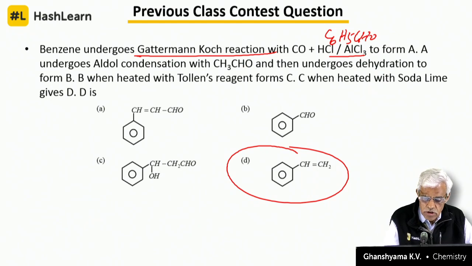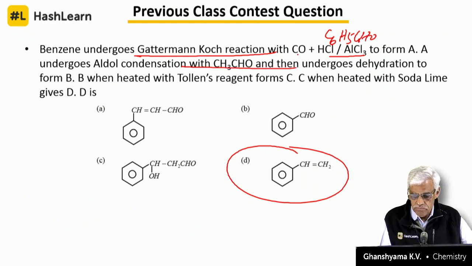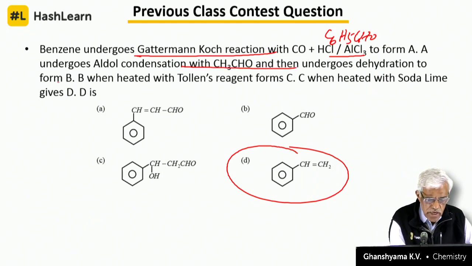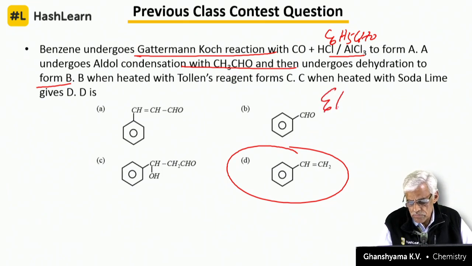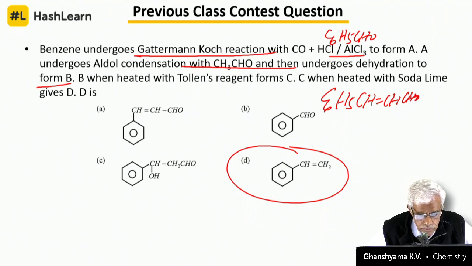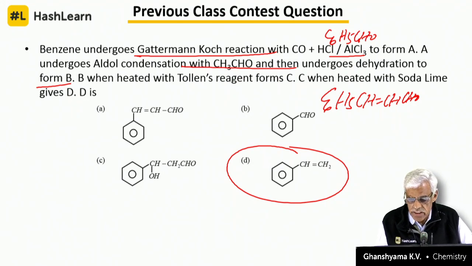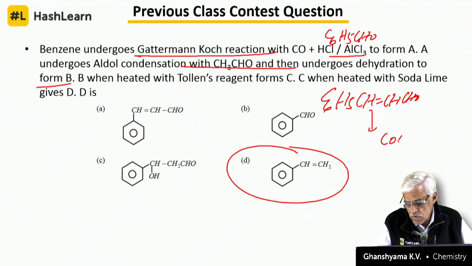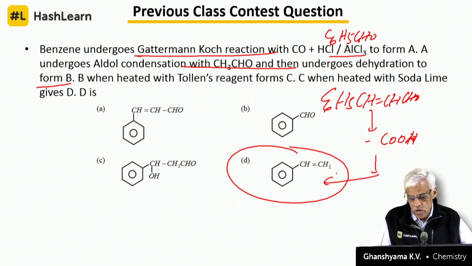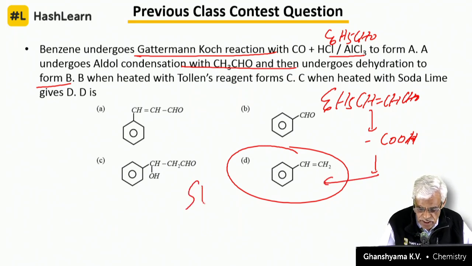Benzaldehyde undergoes aldol condensation with CH3CHO and then undergoes dehydration to form this, that is CHO. Yes, I will come to that. When heated with Tollens reagent it forms an acid. Tollens reagent is an oxidizing agent, just now I said. It undergoes decarboxylation to give this compound. This is styrene.